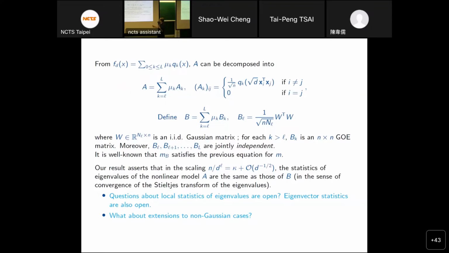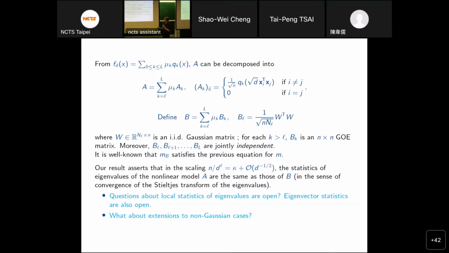Then your nonlinear model will be equivalent to the summation of a sample covariance model plus a Gaussian orthogonal model. So that's the idea. In the nonlinear case, you can actually compute them by sample covariance plus Gaussian orthogonal ensembles, with the coefficients given by the expansion in the orthogonal polynomial decomposition. That's the idea.